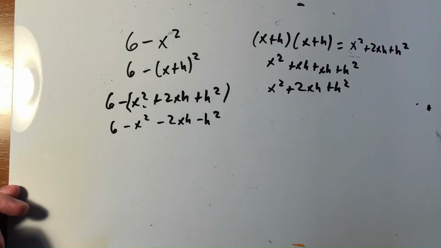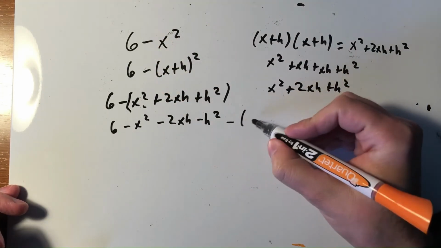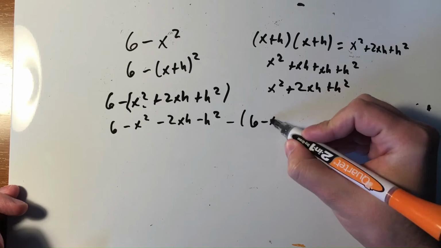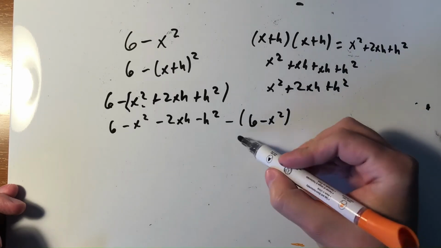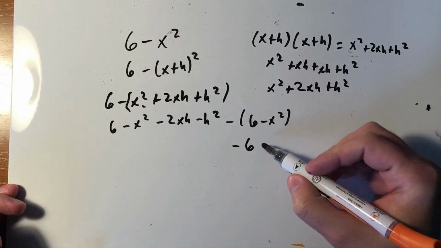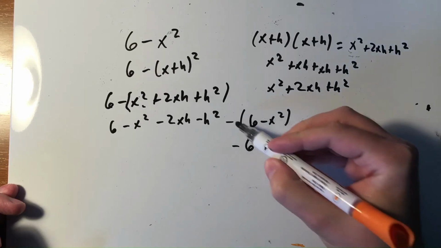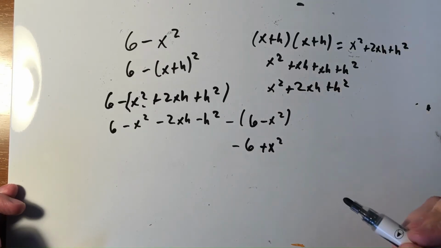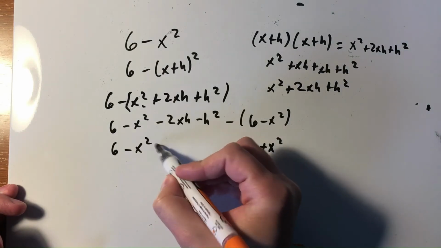Now for step 2, we want to subtract our original function. So minus (6 minus x squared). Distribute this negative 1 to make this negative 6 plus x squared. Just two negatives will make this a positive x squared. Alright, plug the rest of this in.